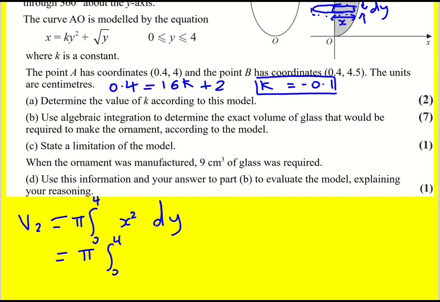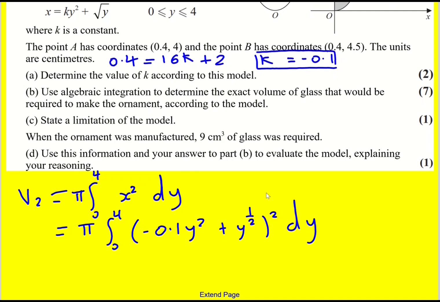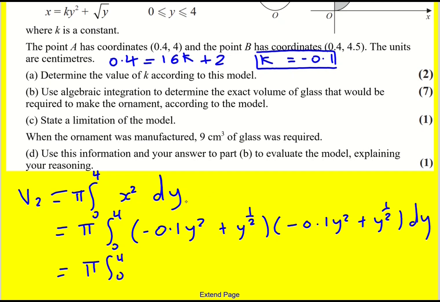So remember I've got k is minus 0.1, so it's the integral of minus 0.1 y squared plus y to the half, all squared, dy. This is a double bracket, so I think I might just make my solution a little bit clearer.